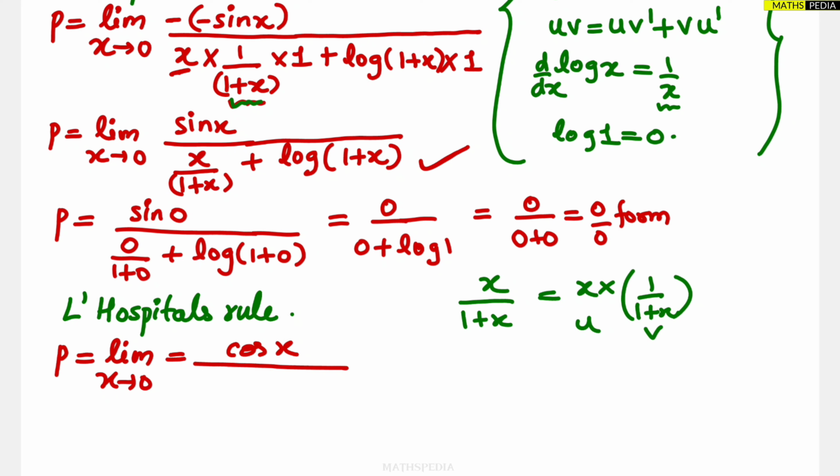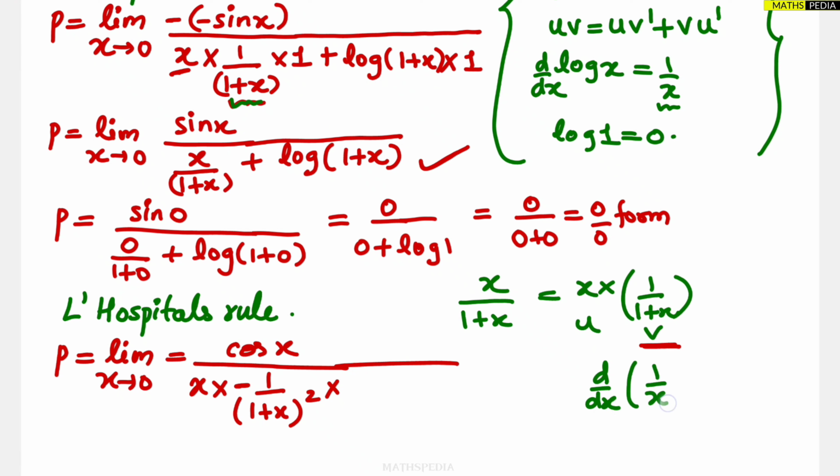So first function is x into differentiation of second. So 1 by 1 plus x differentiation is minus 1 by 1 plus x the whole square into, which rule am I applying here? Differentiation of 1 by x is minus 1 by x square. Now in place of x, 1 plus x is sitting, so again I have to differentiate 1 plus x. Differentiation of 1 plus x is 0 plus 1, 1.